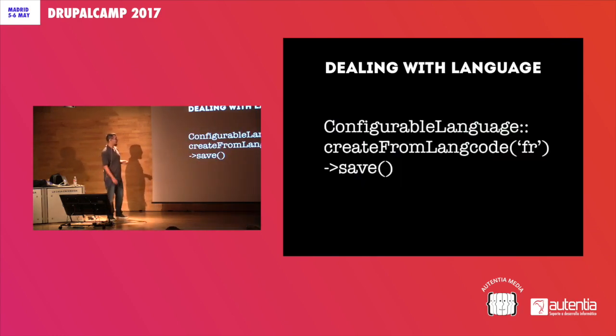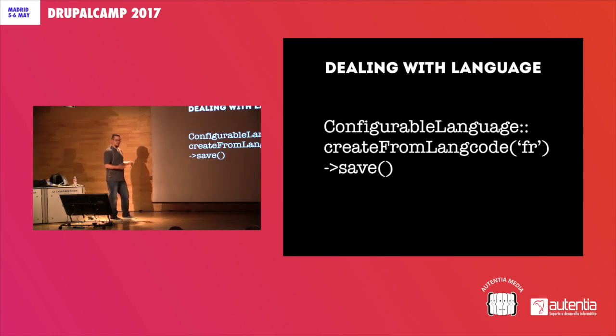So for dealing with languages, we can create the languages using the API. There are 95 standard languages provided in Drupal, but you can create your own. This is useful. Maybe you have a Spanish from Spain and a Spanish for Mexico, and you want to track them separately, so you can create your custom languages, like in Drupal 7.